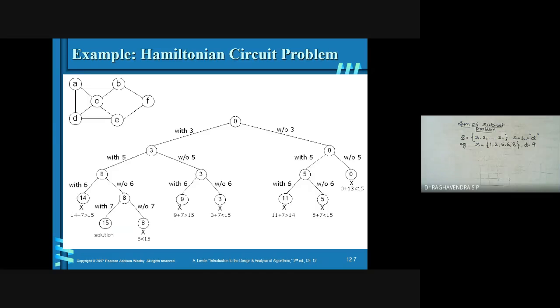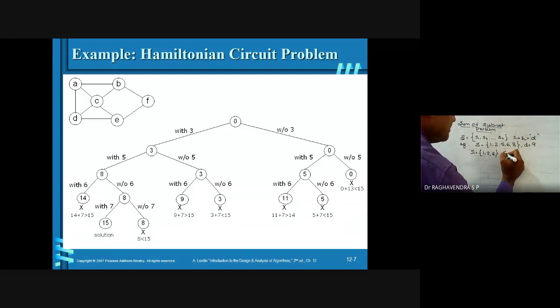So what are the different combinations? The first one, S1, is 1, 2 and 6. Can I consider this 1, 2, 6 as one of the subsets of the given problem? Yes, definitely, because 1 plus 2 is 3, 3 plus 6 is equal to 9.